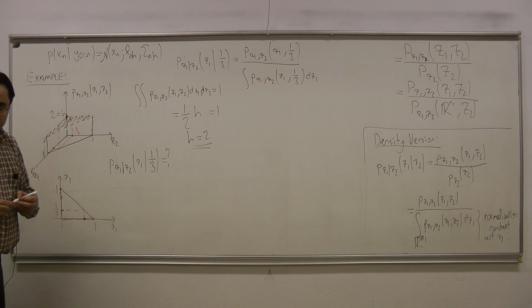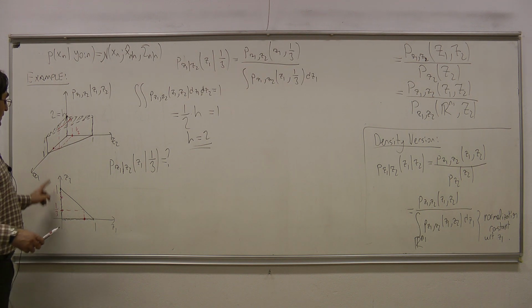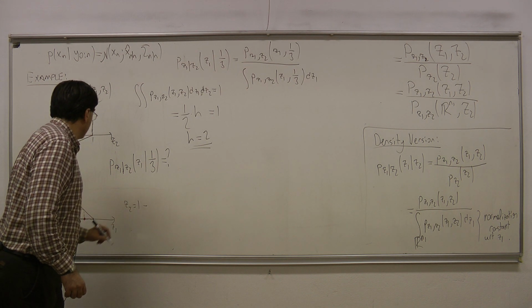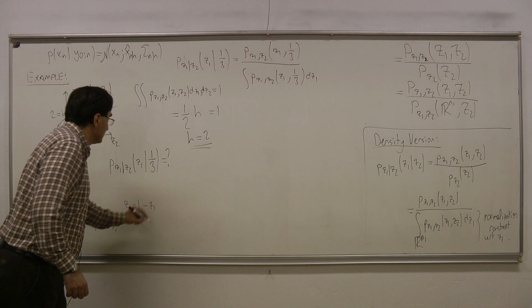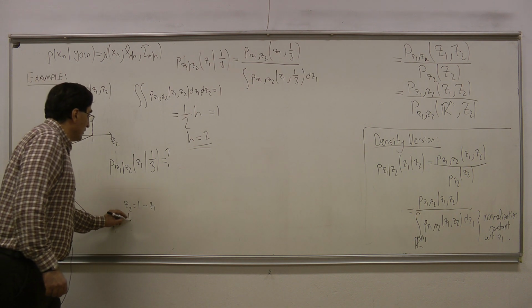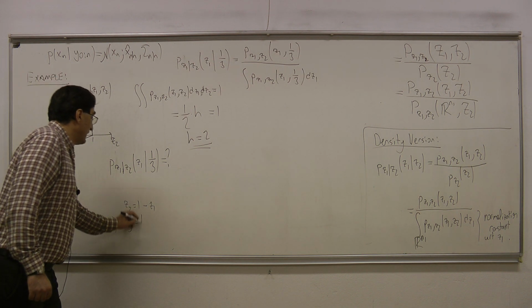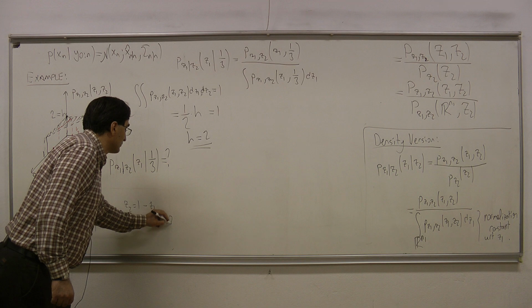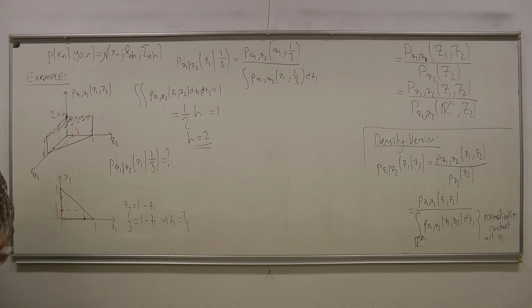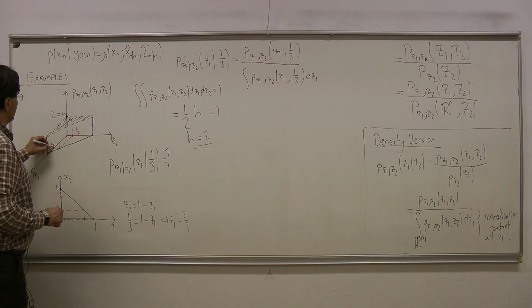If you look at the equation of this line, it is nothing but Z2 equals 1 minus Z1. Okay? So when Z2 is equal to 1/3, then Z1 is equal to 2/3. So this intersection here is 2/3.